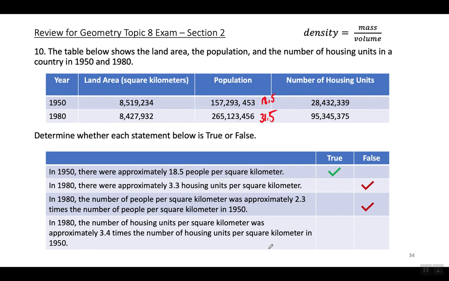Okay, great, I deleted the, all right, let me just get it real quick. 28,432. All right, this number was 3.3. And the other one was, one second.